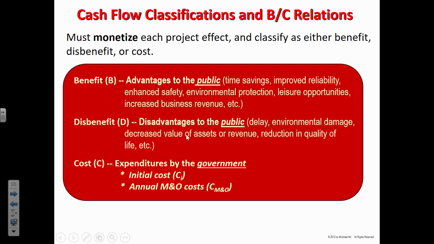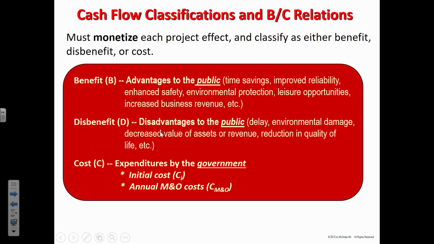The disadvantages are the disbenefits, and like I mentioned, sometimes the people who benefit from a project are different from the people who disbenefit. But we differentiate between the disbenefits and the costs because the costs are the expenses to do the project, not the disadvantages of it.